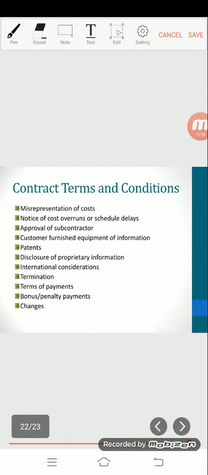Some contracts include a penalty provision whereby the customer can reduce the final payment to the contractor if the project is not completed on schedule or if performance requirements are not met. And lastly, changes. Cover the procedure of proposing, approving, and implementing changes to the scope or schedule of the project.